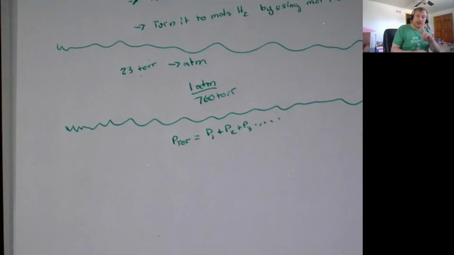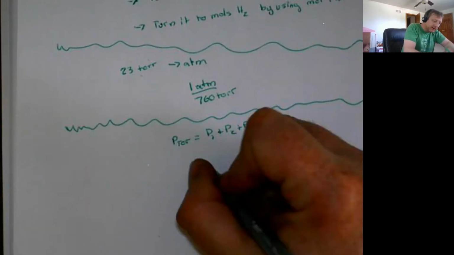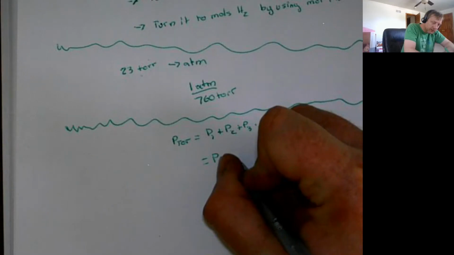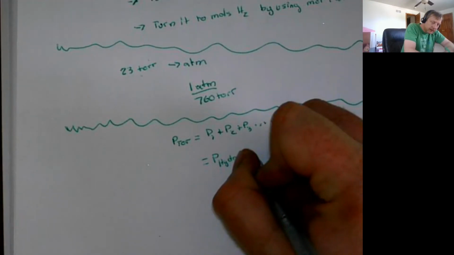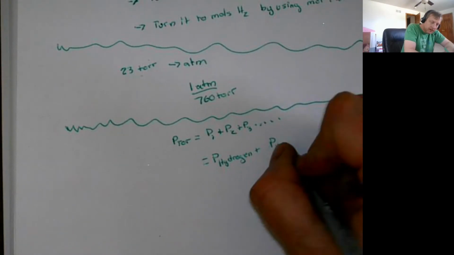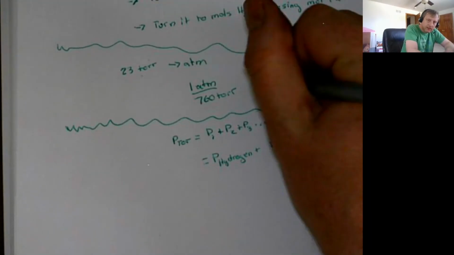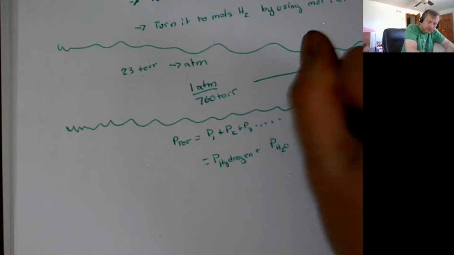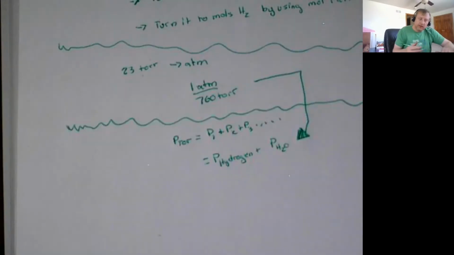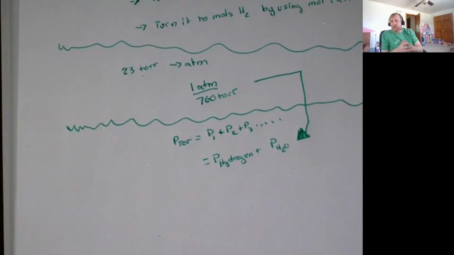In this case, there are two gases present in the system: the pressure of the hydrogen, what we're looking for, and the pressure from water. And that pressure from water is going to be your answer from the previous question. That's the vapor pressure of water, which tells you how much pressure water vapor would exert at that particular temperature.